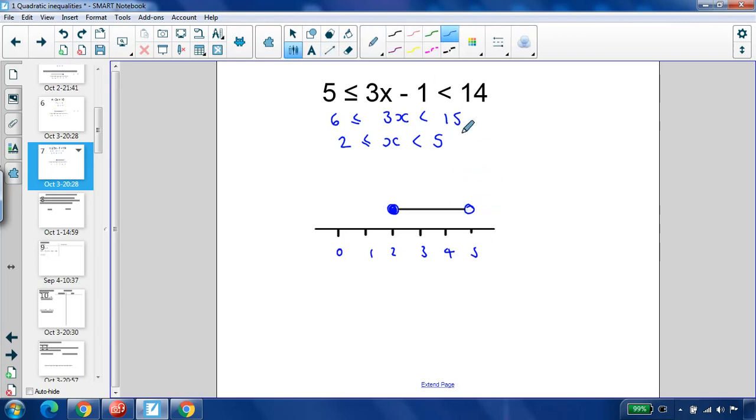And this shows the inequality which is above, and that is that x is greater than or equal to 2, but less than 5. So if we're actually looking at the integer values for this, x can be equal to 2, 3, and 4.